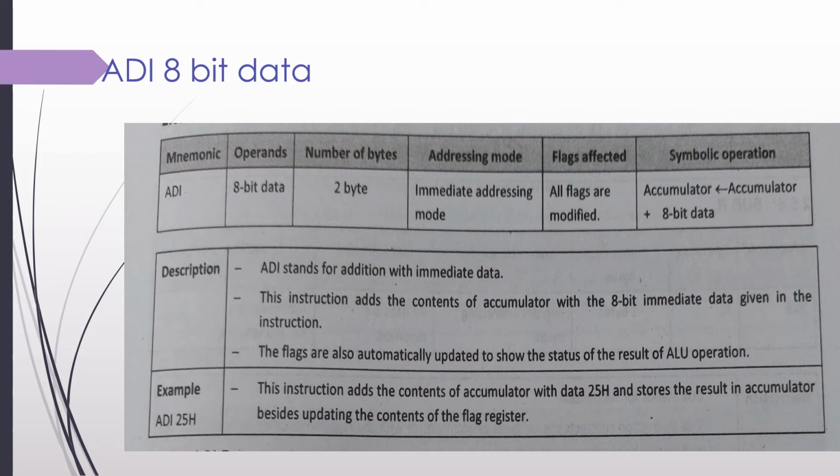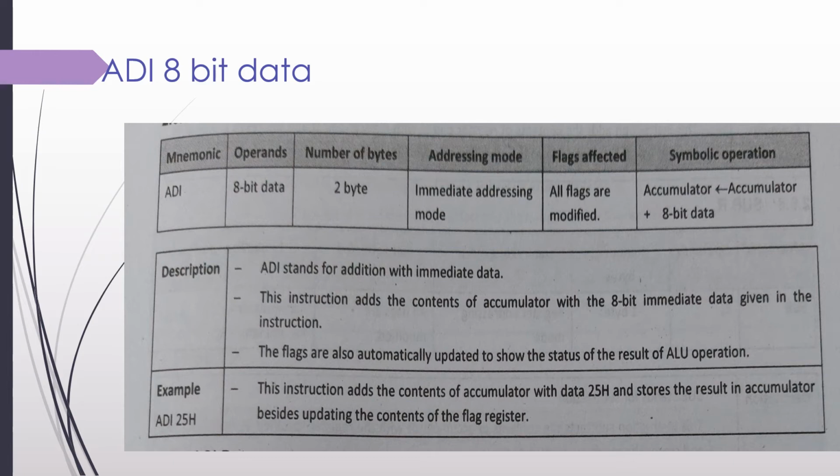And you can see there are 2 bytes which give the full meaning of this instruction. One is the opcode, the other one is the immediate data. That's why this instruction has 2 bytes as the length. And since there is immediate data, the addressing mode is immediate addressing mode.